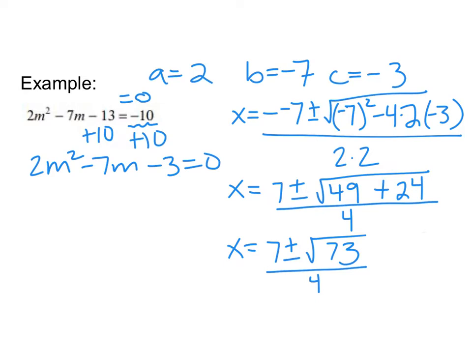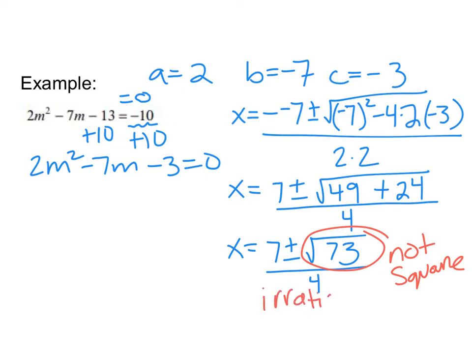All right, so now when I get to this point, square root of 73, that is definitely not a square number. And so that means that these roots are going to be irrational. So from this point, I have a choice.